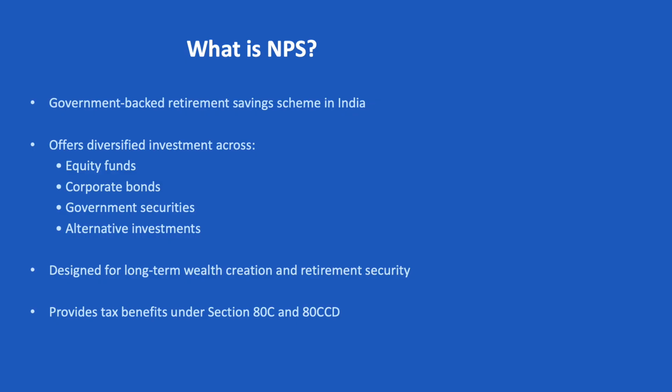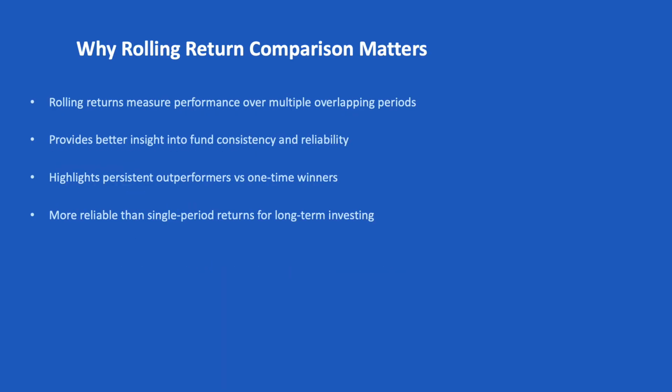Now, why this video? Though the NPS website provides information on the fund performance, it does it on a point in time basis. So it provides the fund performance as of today if you invested in that fund some X years ago.